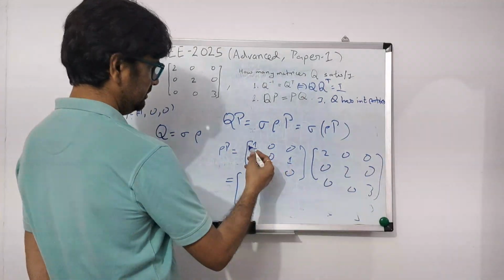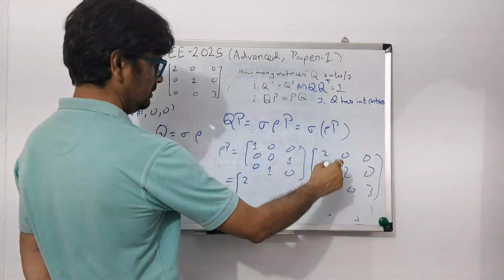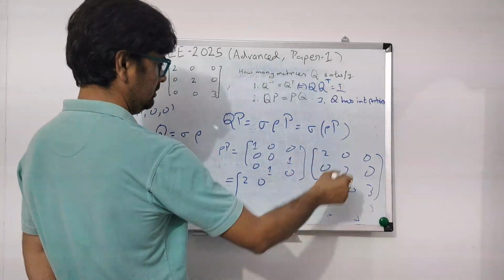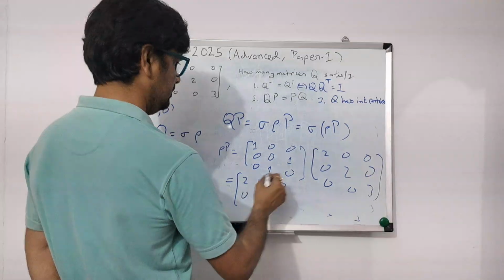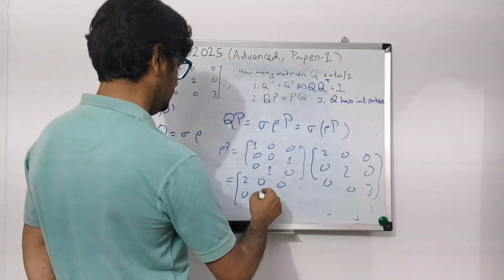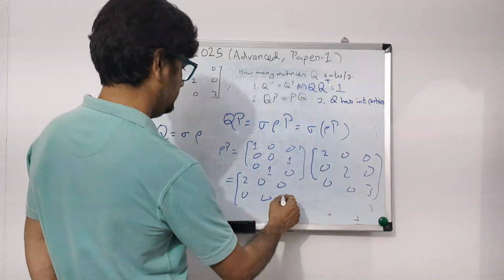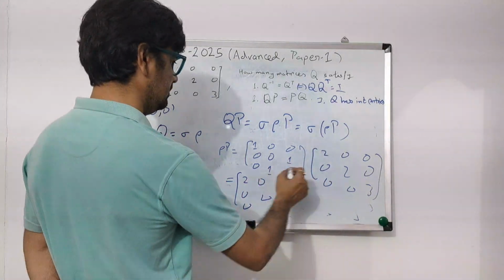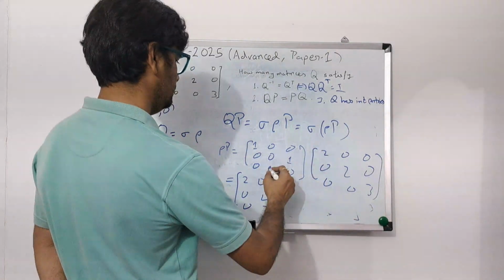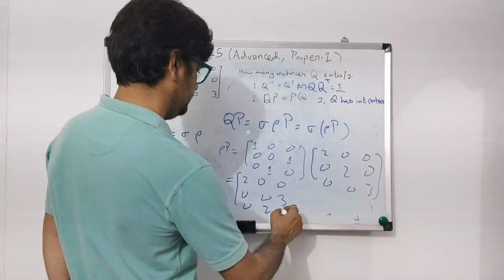Let's write the first row: 2 0 0. Then 0 0 3, then 0 2 0.